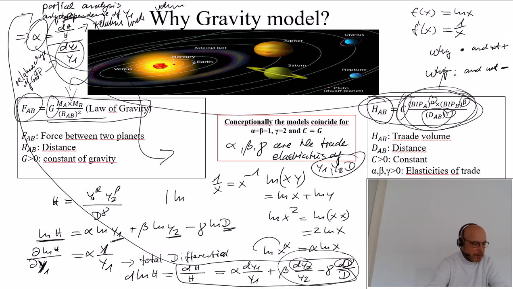What we do is exchange the two masses of the planets with the economic masses of the countries, measured by GDP. Later on, I will explain that we have other exponents here. In the gravity model of physics, we have exponents of 1 and 2.